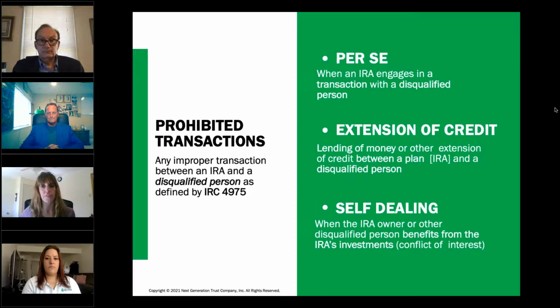And then the third type is a little bit more of a gray area, but self-dealing typically refers to the idea that an IRA's investment is somehow benefiting a disqualified person. While it might not be a direct financial benefit, there could be some other benefit that comes to a disqualified person as a result of the IRA's investment.